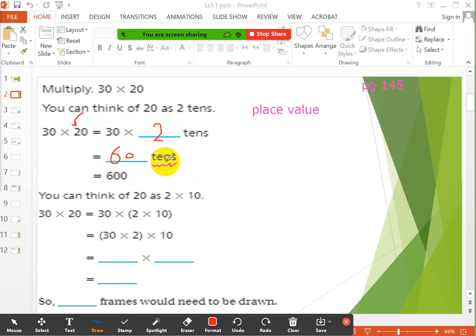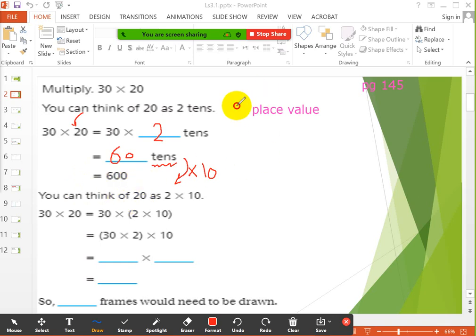So 60 tenths, if I want to write it in standard form, I have to multiply the number by 10. Multiply 60 with 10, so it will be what? 6 multiply 1 equals 6. Put 2 zeros next to the answer, so it will be 600.